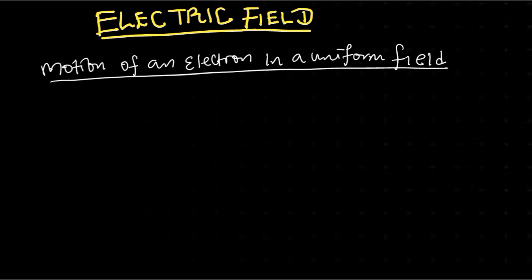The initial velocity of the electron is 10 raised to power 7 meter per second at an angle 30 degrees above the horizontal. Question 1 says find the maximum distance the electron rises vertically above the elevation. And number 2 says after what horizontal distance does the electron return to the ground?